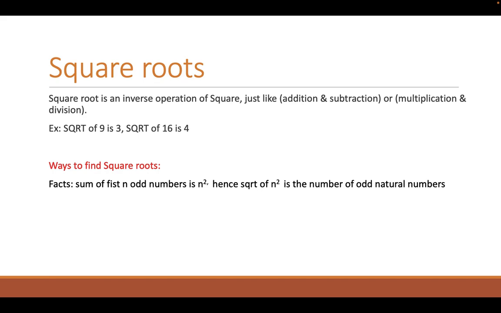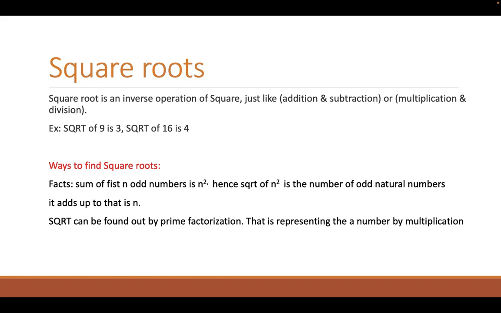Hence, the square root of n square is the number of odd natural numbers that add up to it, that is n. It's pretty simple. You can see more in the examples in the book, where it explains how the sum of the first n odd numbers is n square.